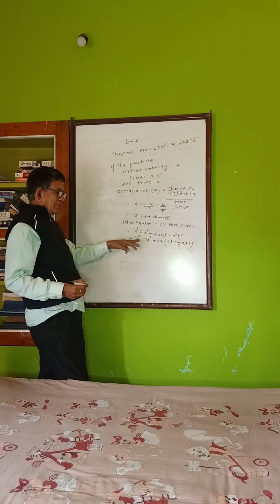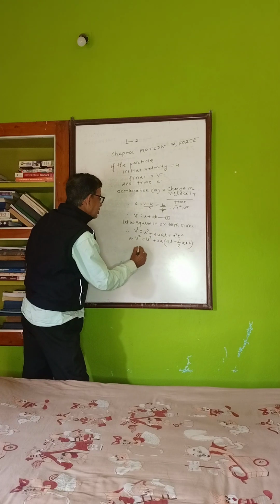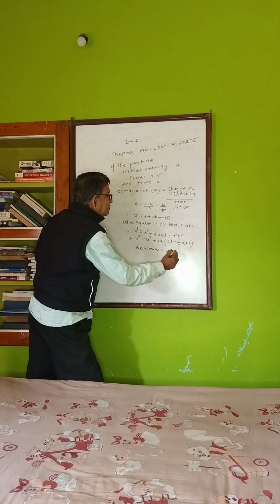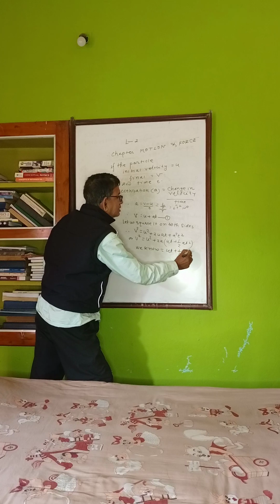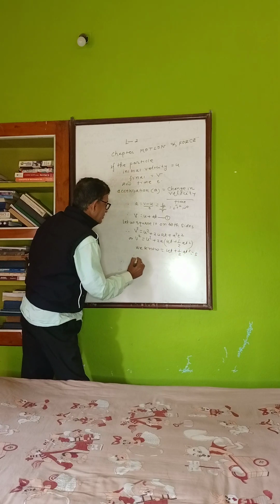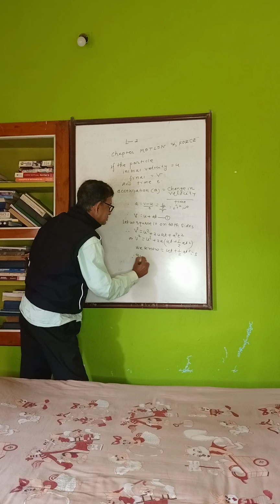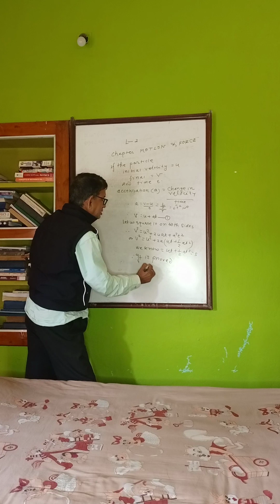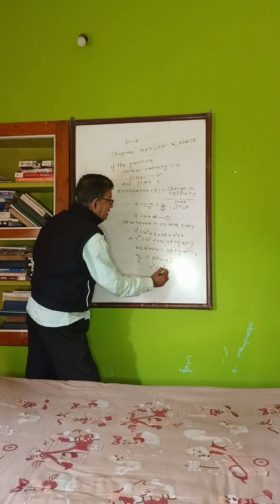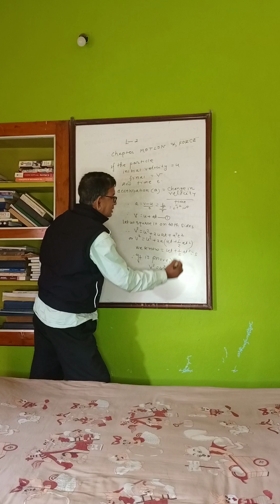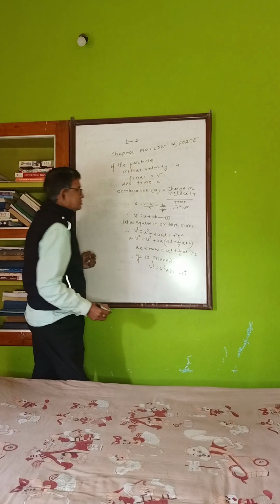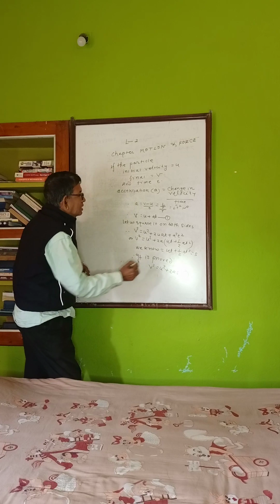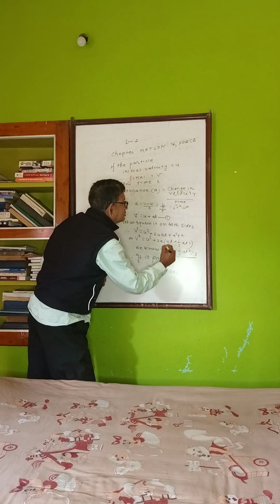With the help of average velocity, we know ut plus half at square equal to s. So it is proved that v square equal to u square plus 2as. This is equation number 3. And another equation already derived, s equal to ut plus half at square, is equation 2.